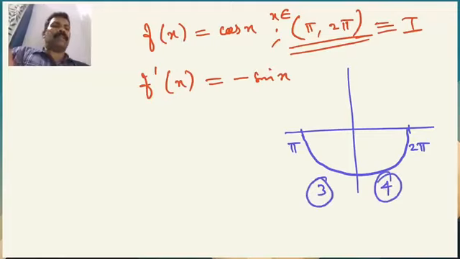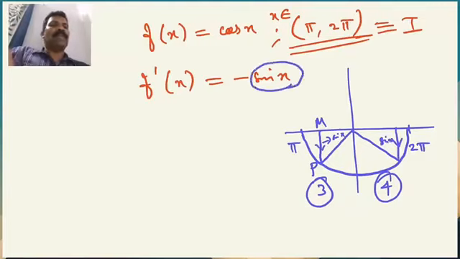In the third and the fourth quadrant, the sine value is negative. So sin x is negative, which means negative sin x will be positive.